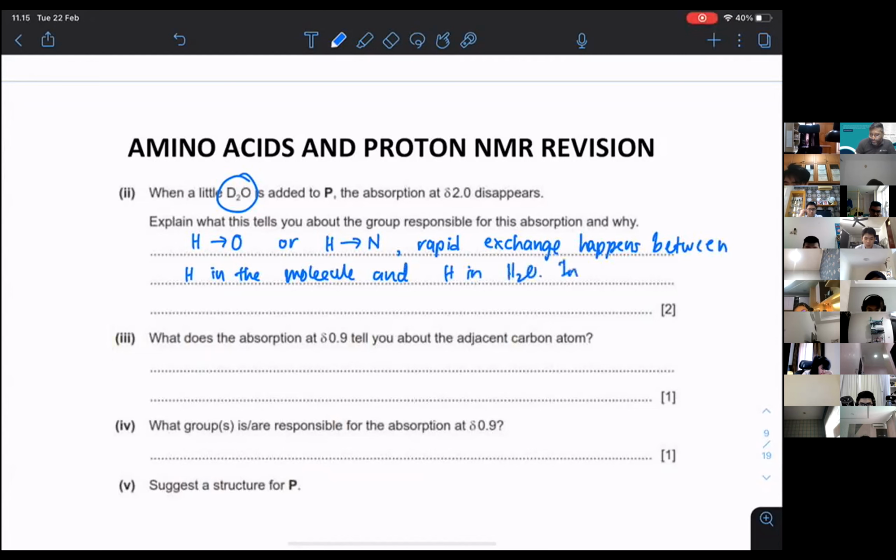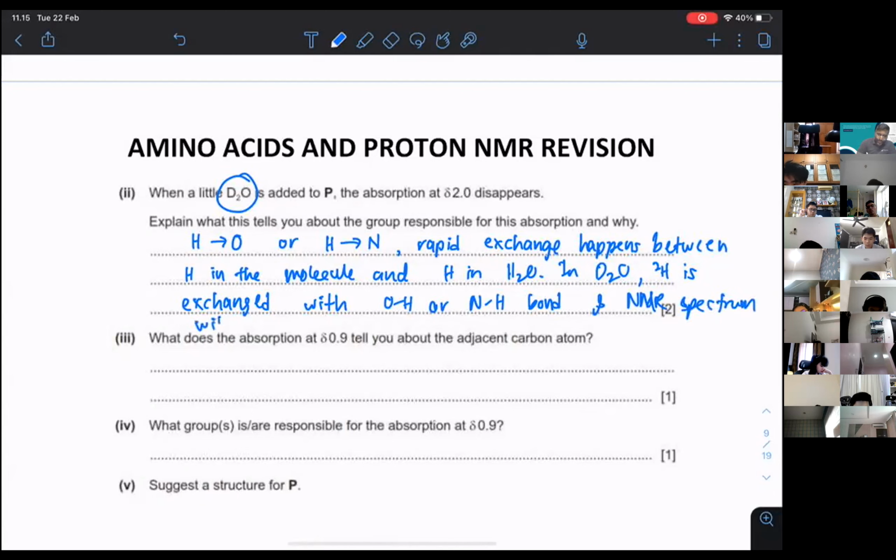In D2O, the hydrogen is exchanged with the OH or NH bond, and the NMR spectrum will not be detected because it's even number.